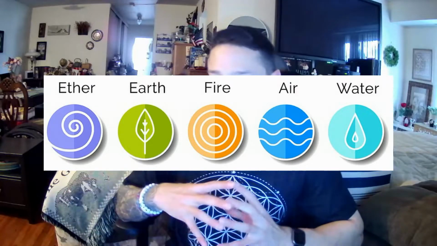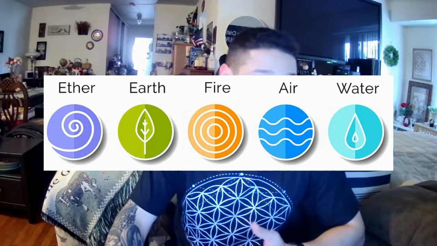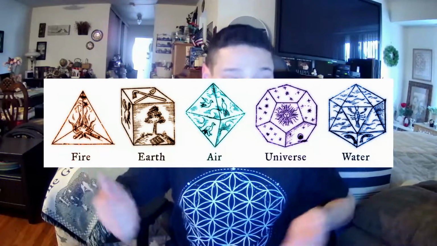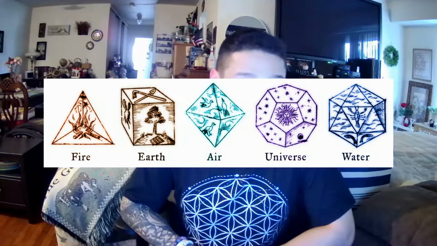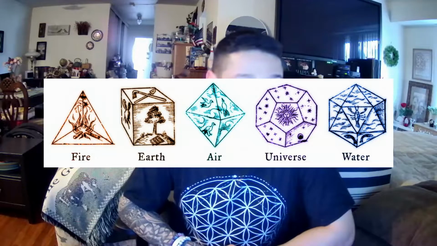So basically that means space. A Platonic solid is a 3D shape where each face is the same regular polygon, with the same number of faces meeting at each vertex. A regular convex polyhedron with identical faces made of congruent convex regular polygons is called a Platonic solid.